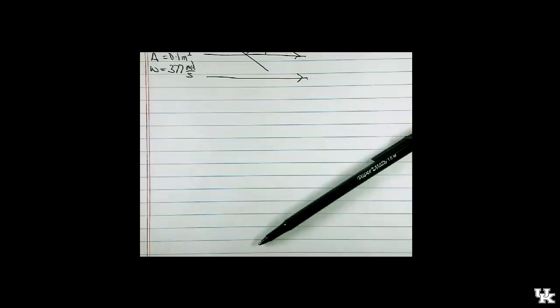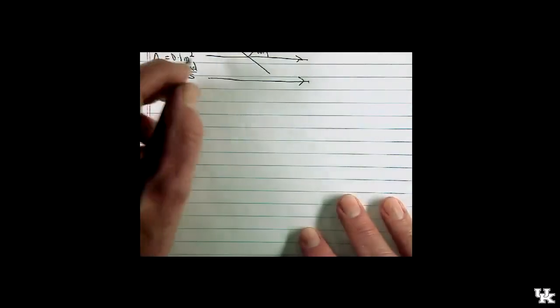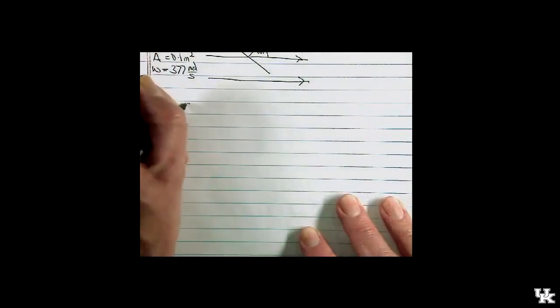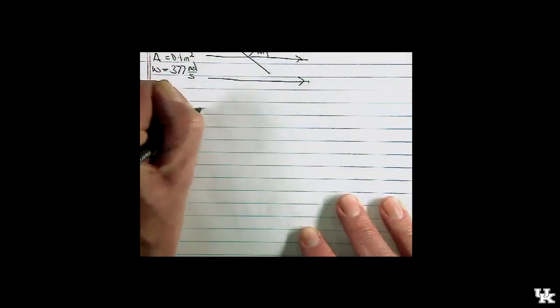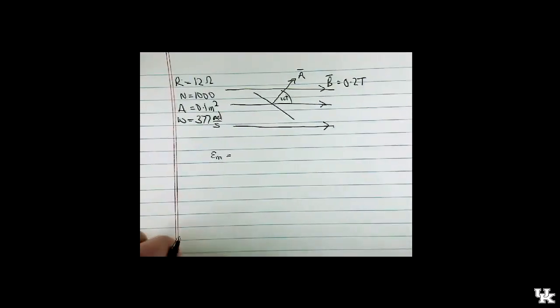Okay, I'll work this out. Maximum induced EMF. That was the first question, sorry. Let's start again. If I'm sitting in here next Thursday and this is on a test, what am I doing?